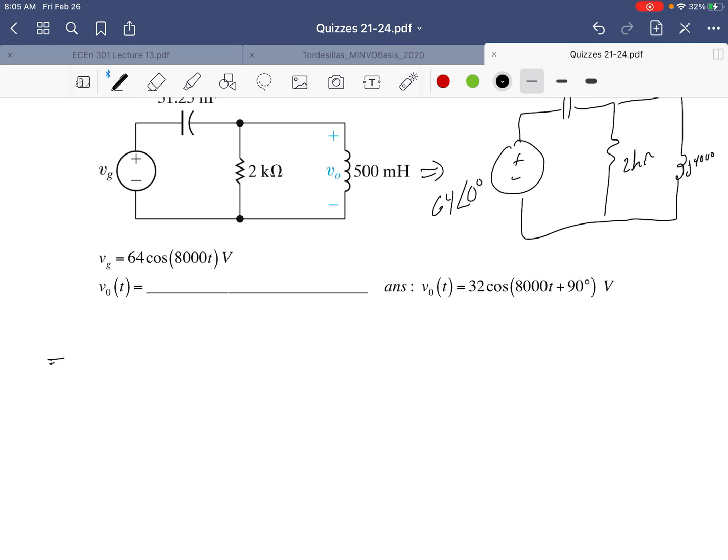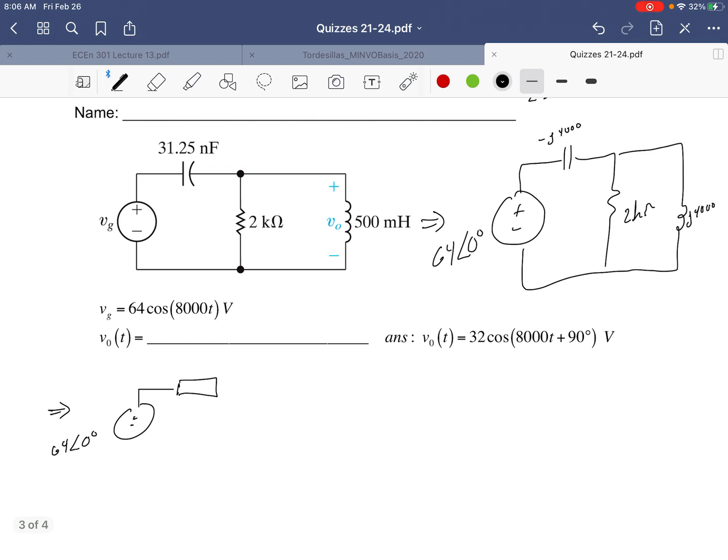Okay, so now I can convert this. We've got 64 phase of 0, and then an impedance here of minus J 4000, and then I'm going to combine these two impedances in parallel. This parallel impedance is going to be 2000 times J 4000 divided by 2000 plus J 4000.